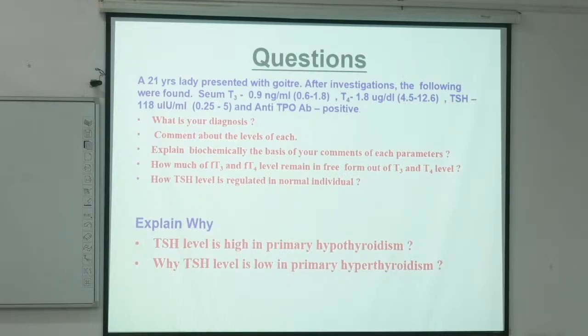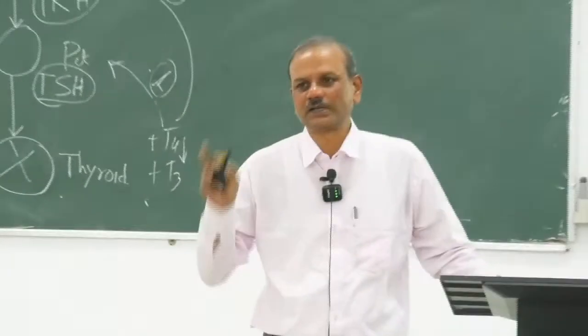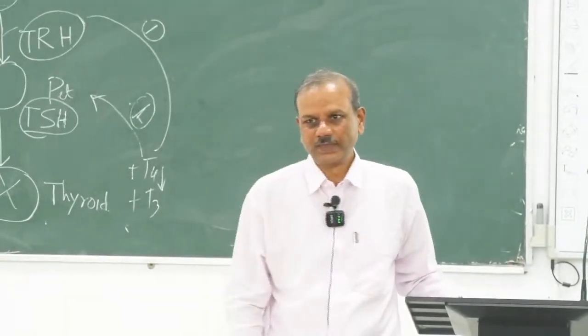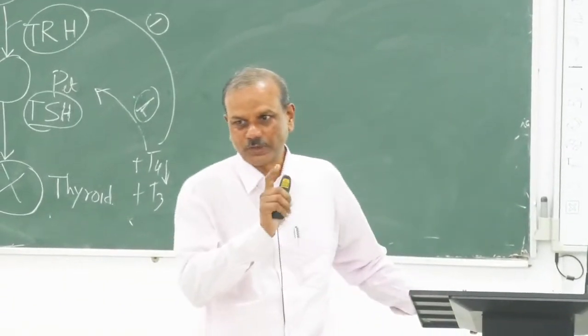Try to concentrate on this. Say a 21-year-old lady. I had no intention to make this question, but keeping in view your first professional examination, I am a little worried that you are not having a clinical orientation, but clinically oriented questions are given. So look at this question, the catch point here.